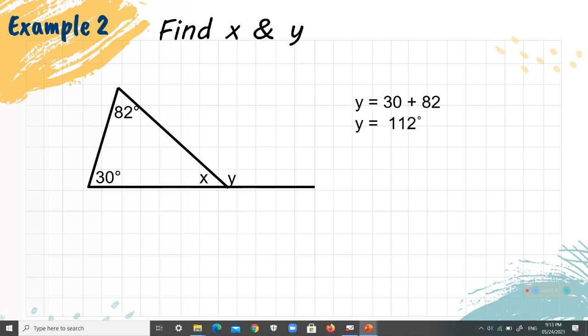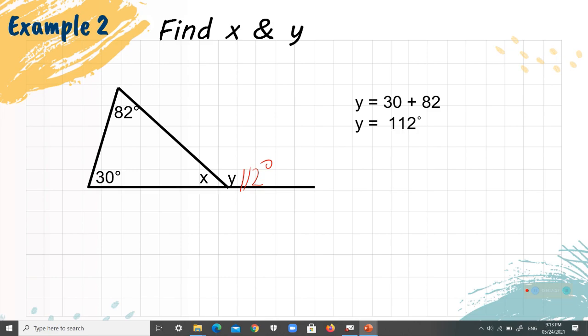So we have to add 30 and 82. You will obtain the value of y, which is 112 degrees. Again, this is 112 degrees.